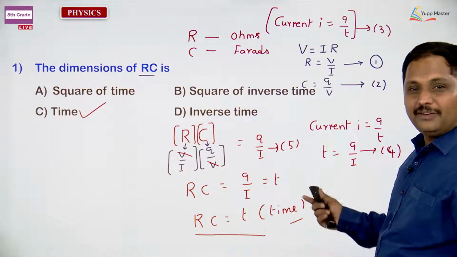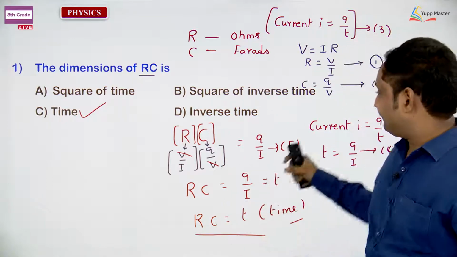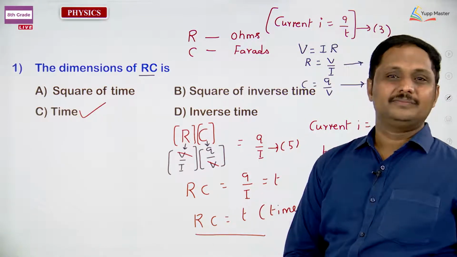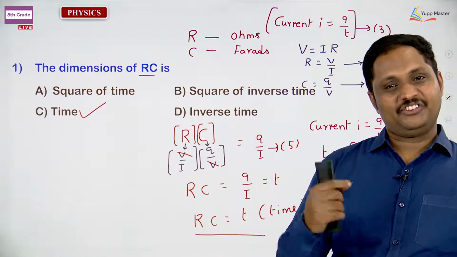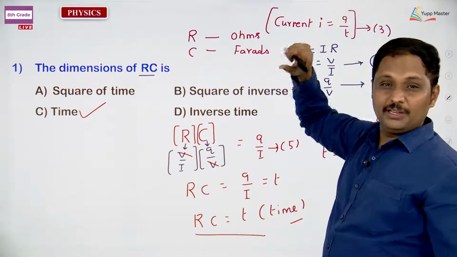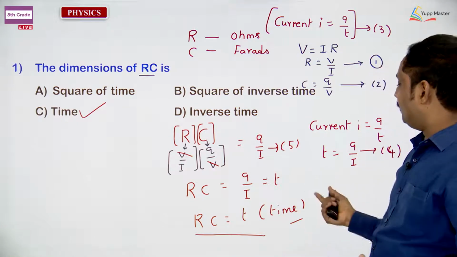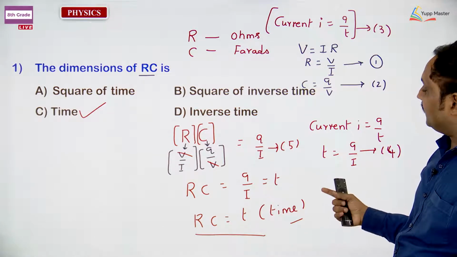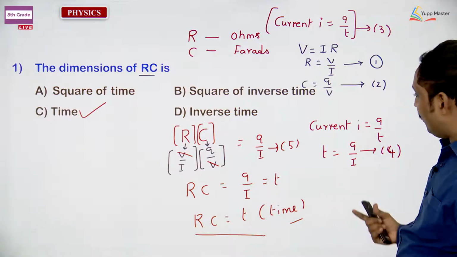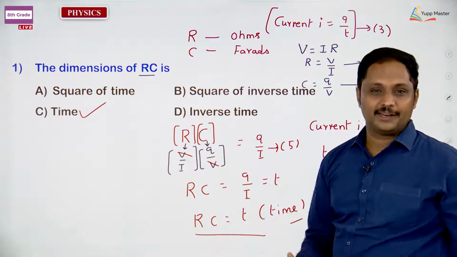Even if you have this information, just recap: Ohm's law, the capacitance of a capacitor, and current, how they are related. Very simply, the dimensions of RC is equal to T, which we have obtained. After all this discussion, you will confirm this one.